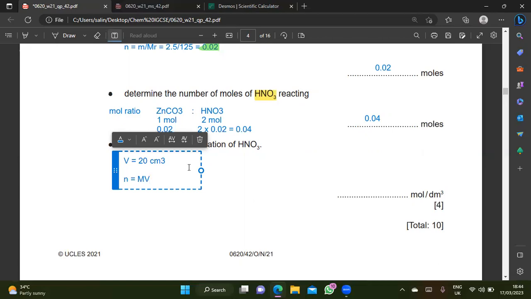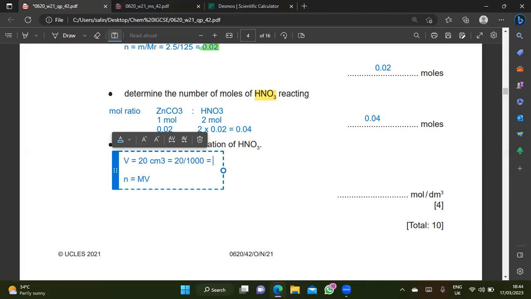What is M? M is the molarity or concentration. So from here, what's the volume? 20 cm cube. Look at the unit for the concentration, dm cube. So if that is the case, I have to change my volume from cm cube to dm cube. So 20 divided by 1000. It's easy as that, yeah?